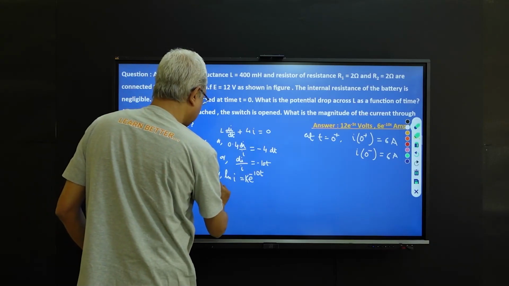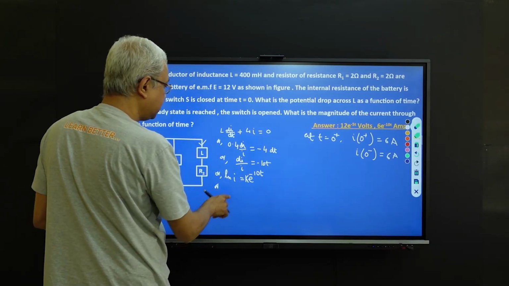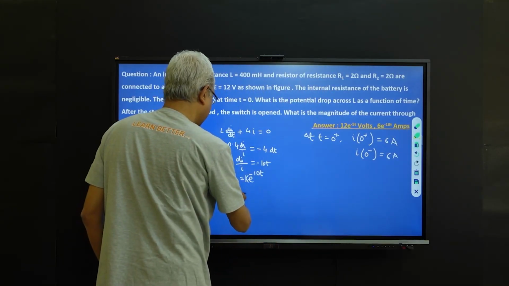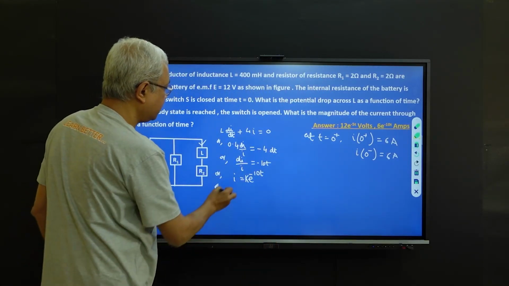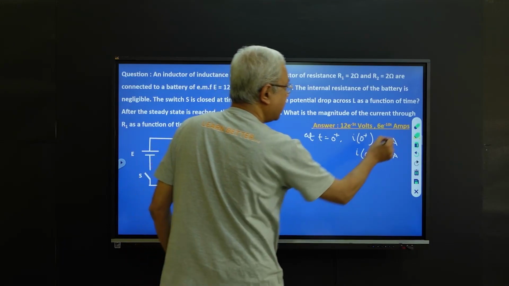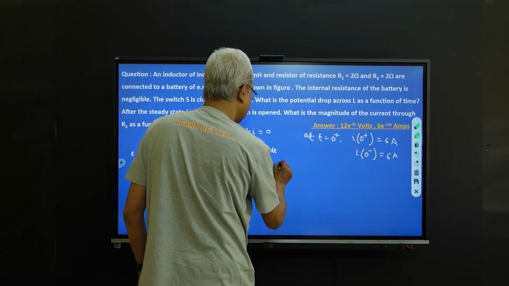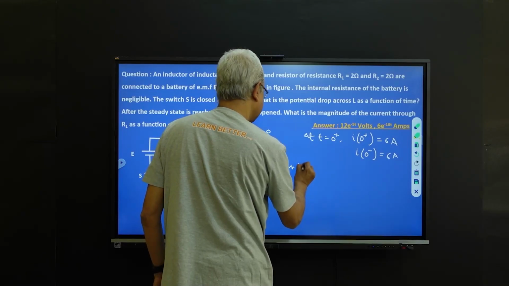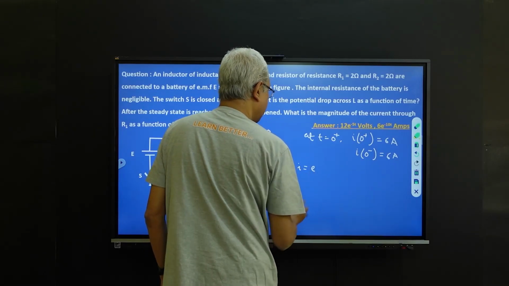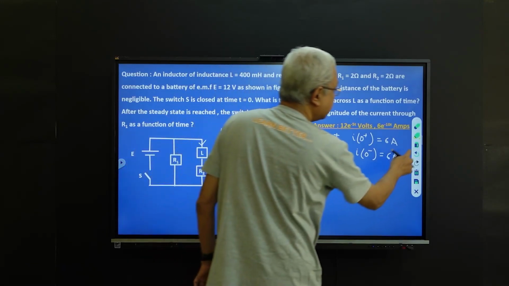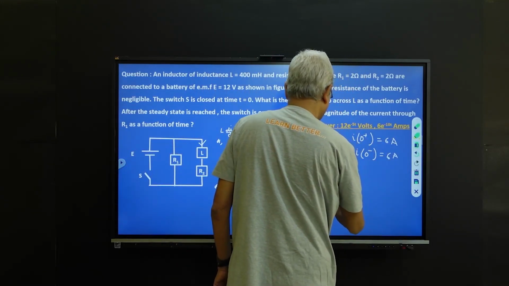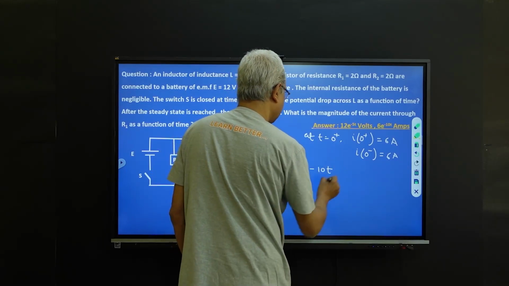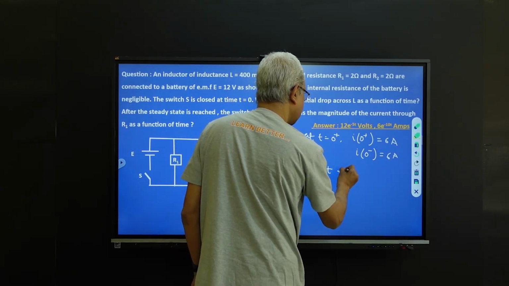Actually this is not ln I, this is I. From this I can write ln I is equal to minus 10t plus k1.